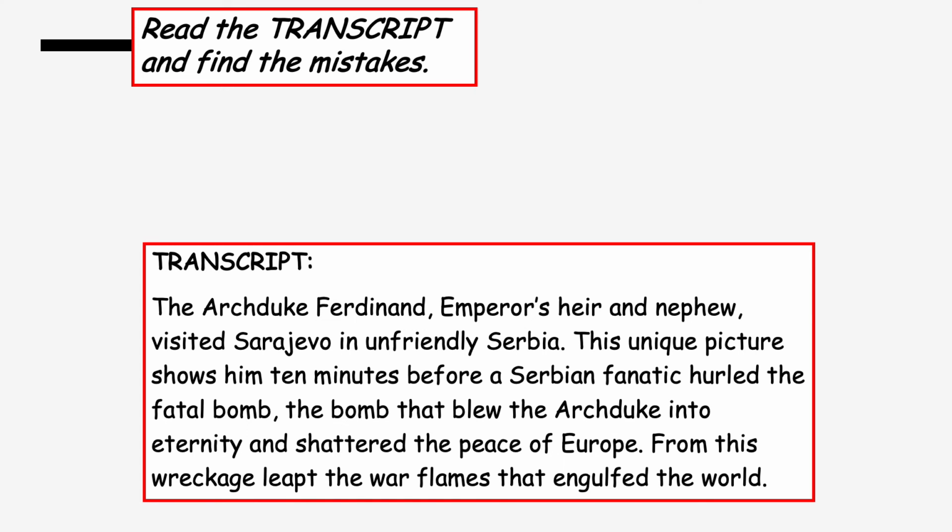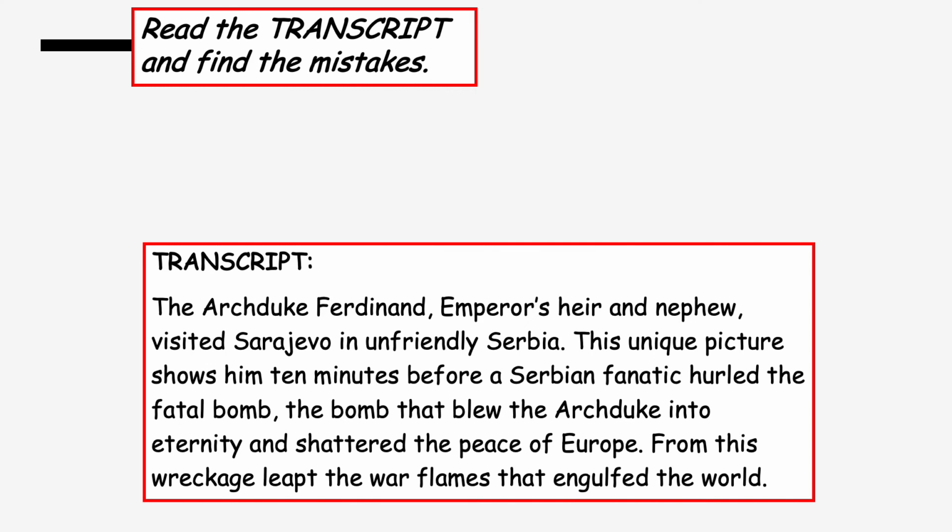And this unique picture does show him 10 minutes before a fanatic held a bomb, but it wasn't a fatal bomb, and the bomb didn't blow the Archduke into eternity and shatter the peace of Europe. We know that was Gavrilo Princip with his 2 bullets that shot Franz Ferdinand and his wife. And also, this clip makes it appear that this was the only cause of the war, or the main cause of the war, where it says, from this wreckage leapt the war flames that engulfed the world.